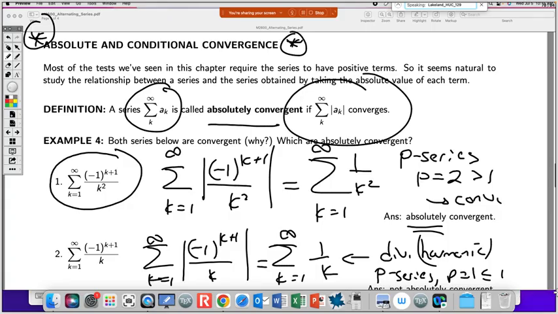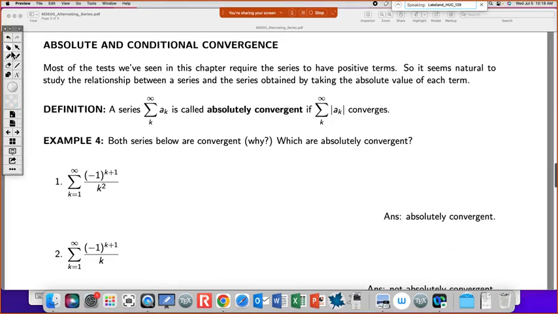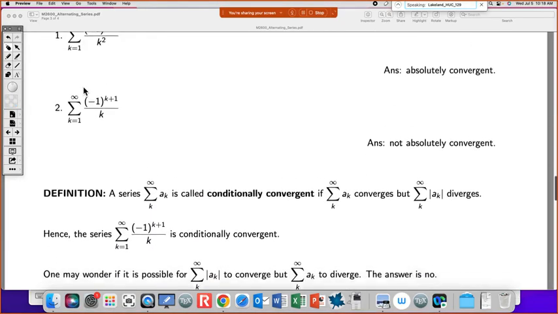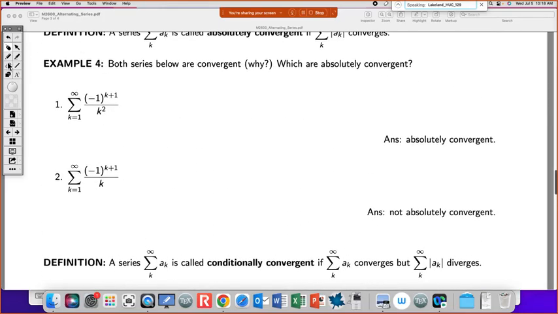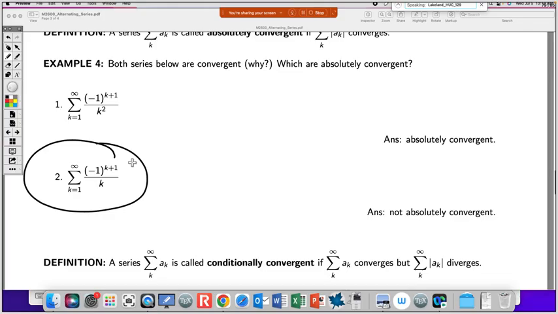So when we look at absolute convergence, we're looking at the absolute value of the individual terms and then adding them up. So if you looked at this example here, the series itself was convergent. So the series itself converges by the AST, but the series of the absolute values diverged.